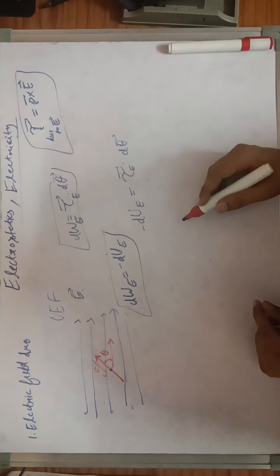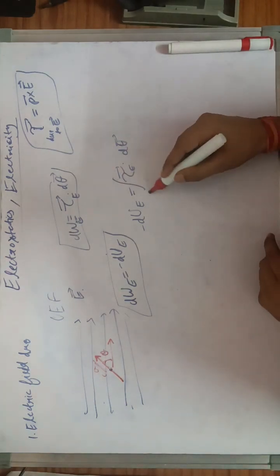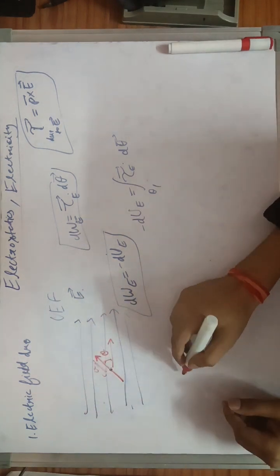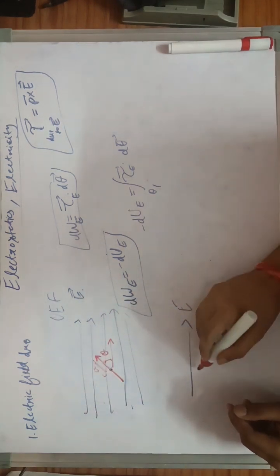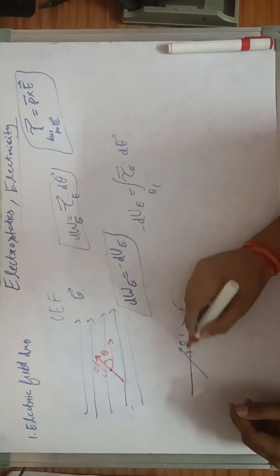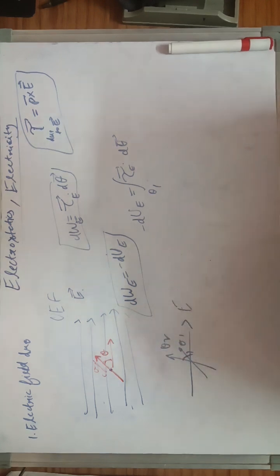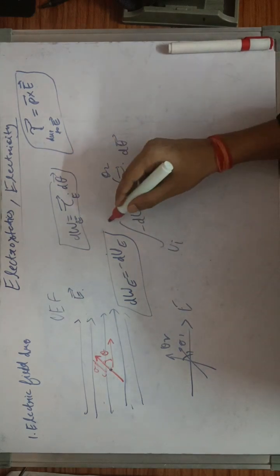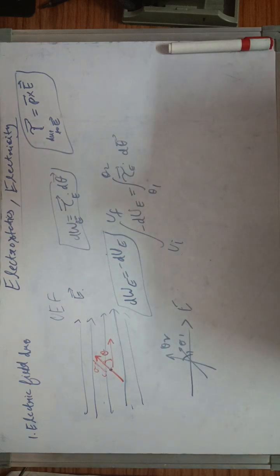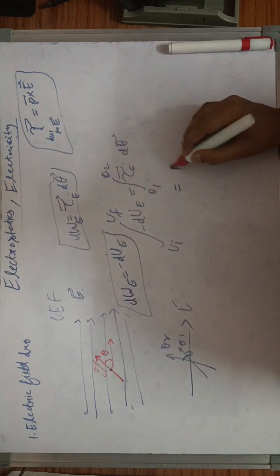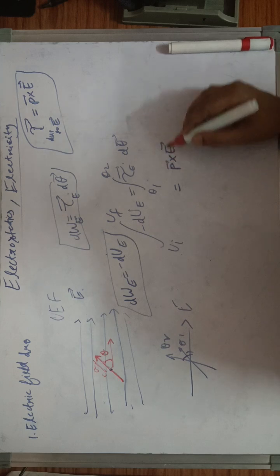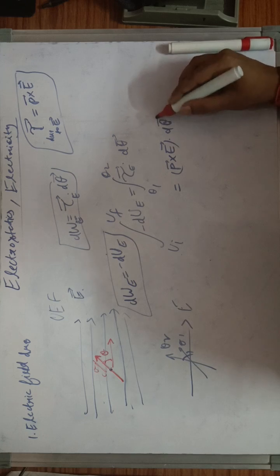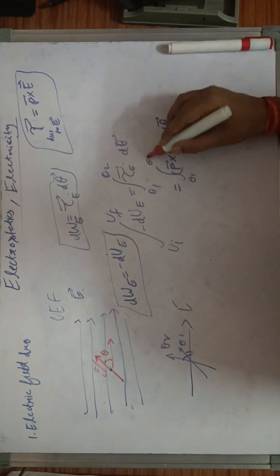Now integrating this, let's say I am rotating the dipole moment in this electric field from a smaller angle theta 1 to some larger angle theta 2. Then the potential energy changes from the initial potential energy to the final potential energy, and this torque can be written as p cross E dot d theta vector, taken from theta 1 to theta 2.